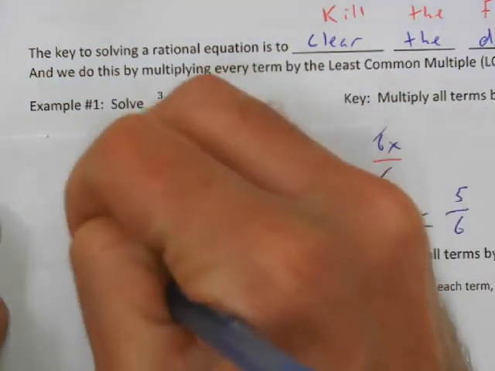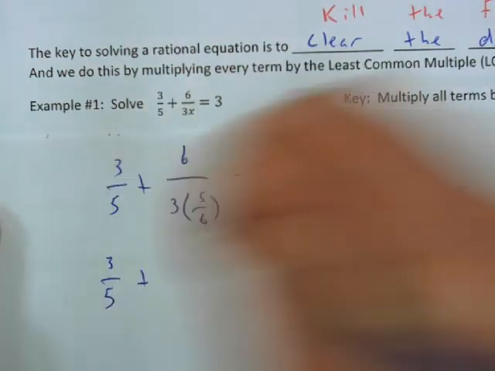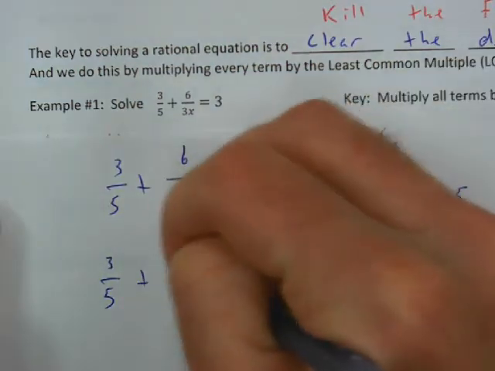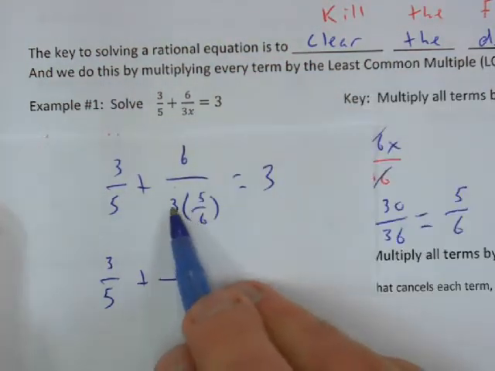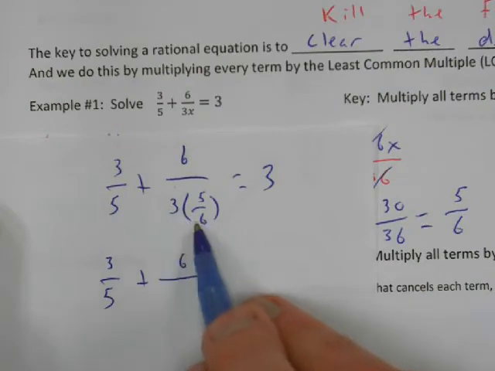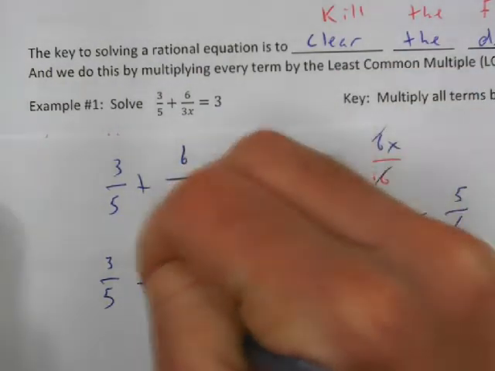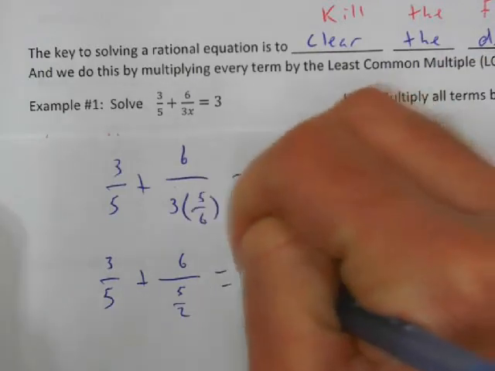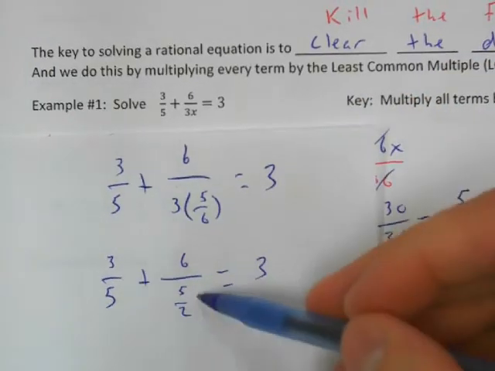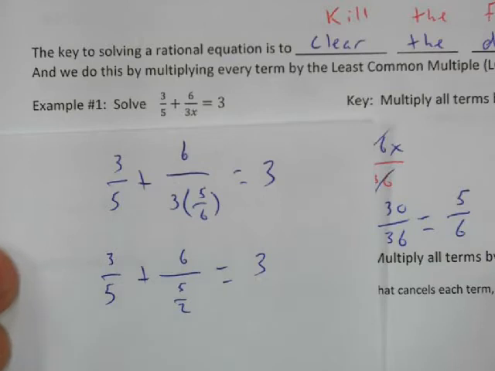Okay, so let's see, that's 3/5 plus 6 over, and then the 3 and the 6 are going to reduce to give me 5 over 2. Okay, and then we haven't dealt with complex fractions yet, but just think of it this way.